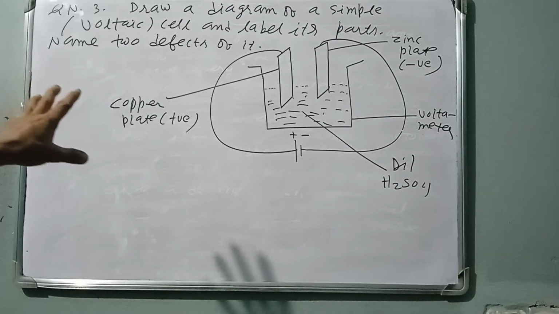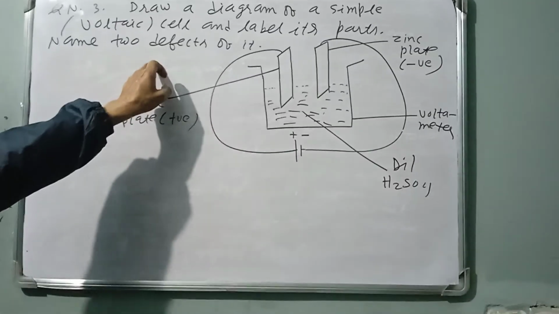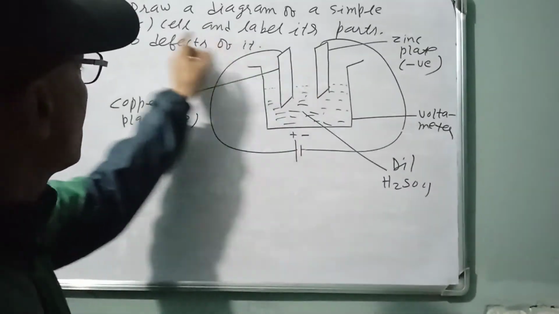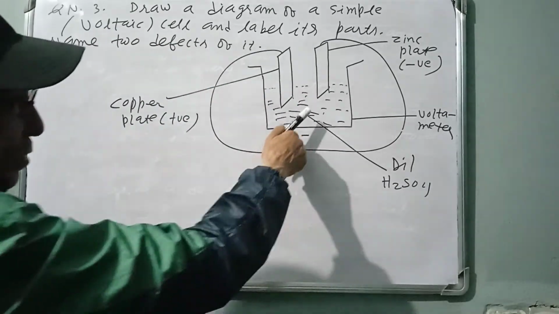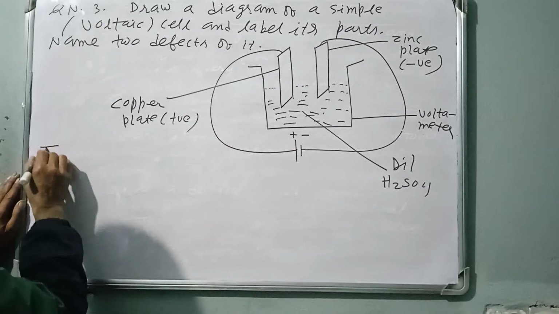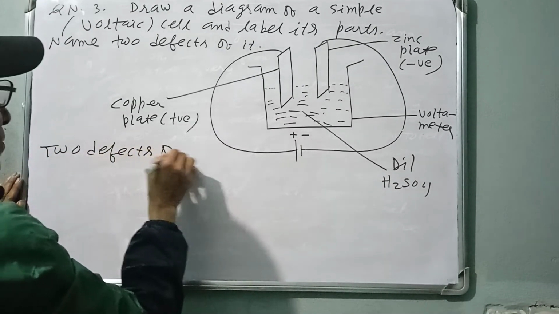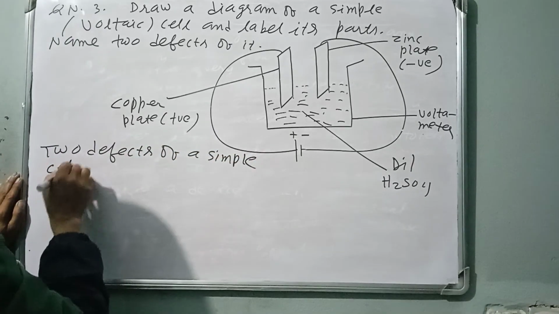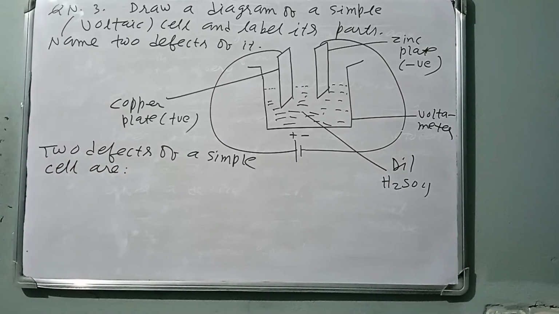A simple diagram of a simple cell, and label also. Two defects. Although the simple cell was invented by Alessandro Volta, it is a good invention, but there are some defects. It depends upon the question.